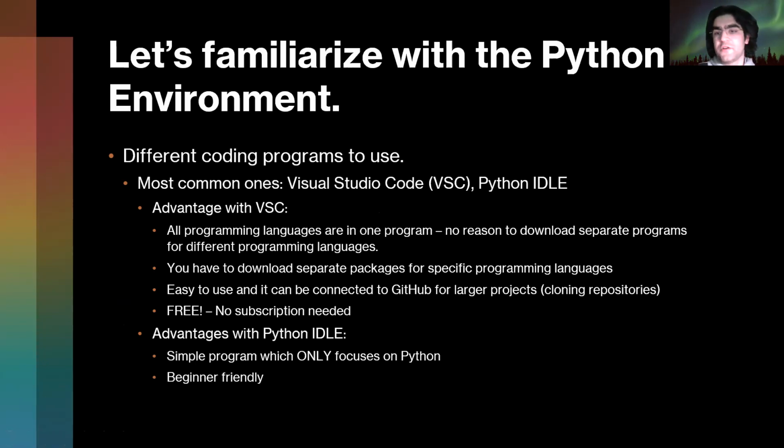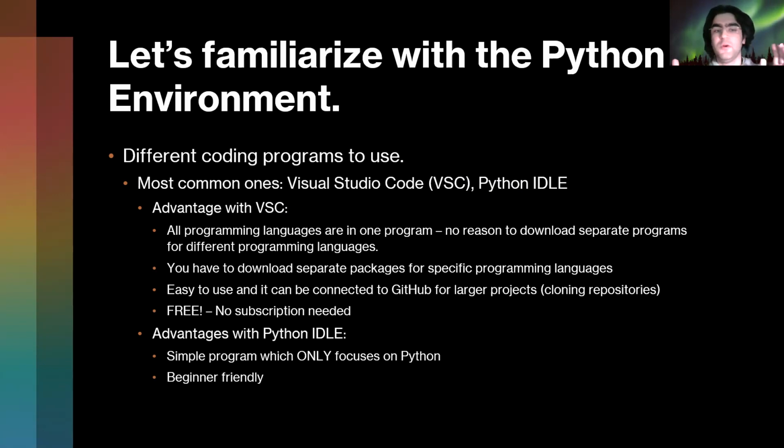Now, before we start to code with Python, we need to familiarize ourselves with the Python environment. There are different coding programs to use if you want to program with Python. And the most common ones are Visual Studio Code, or VSC, and Python IDLE. The advantages of Visual Studio Code are that all the programming languages are in one program. So you have Java, you have Python, you have C++, you have all the web languages, HTML, CSS, JavaScript, and so on.